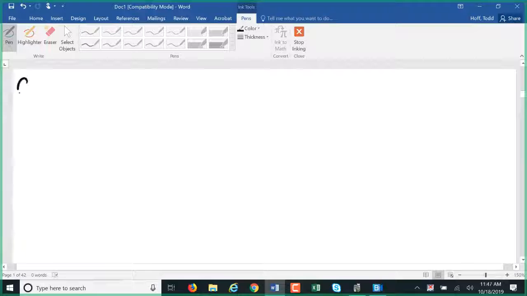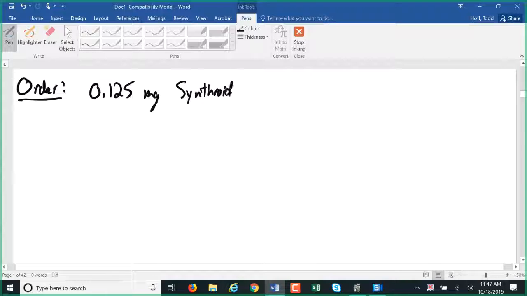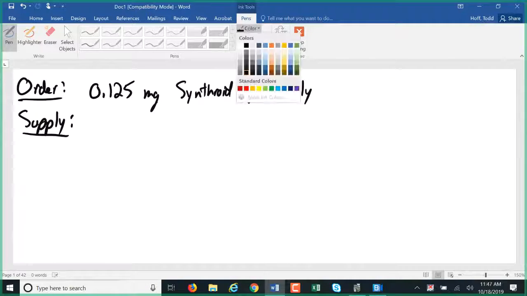Let's step it up a little bit. So let's say our doctor orders 0.125 milligrams Synthroid PO daily. All of you go through the abbreviation so you can tell me what that means.